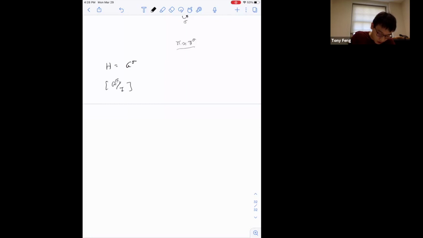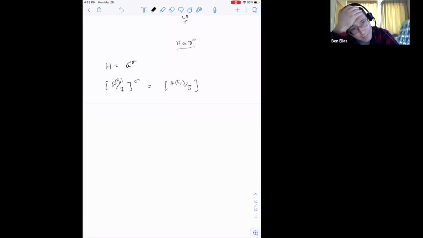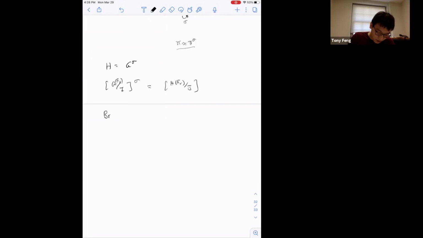Suppose that it was also true that the fixed points of this were H of F_v modulo J. Then you would still have a Brauer homomorphism from the Hecke algebra of G with respect to I to the Hecke algebra of H with respect to J. So it's not limited to the spherical case.